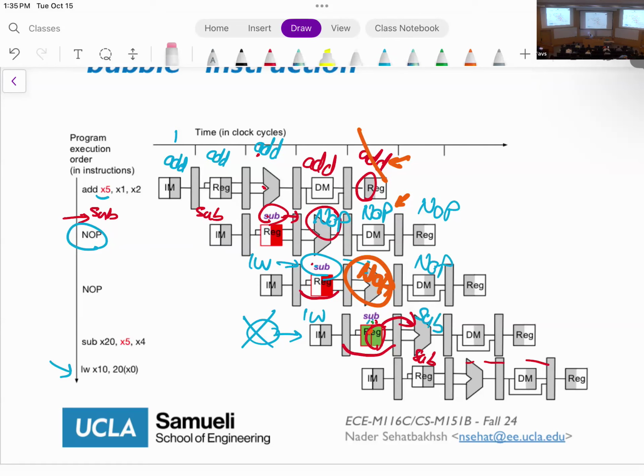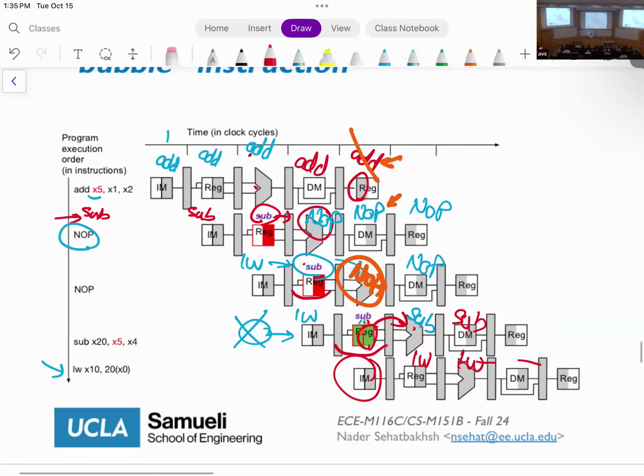Yes, my sub basically goes here and then it continues, okay? So actually, this should be load. And since my sub is now going to the next cycle, here my load word will be here, and then my next instruction would be here. In the next cycle, my sub goes here, my load word goes here, and so on.